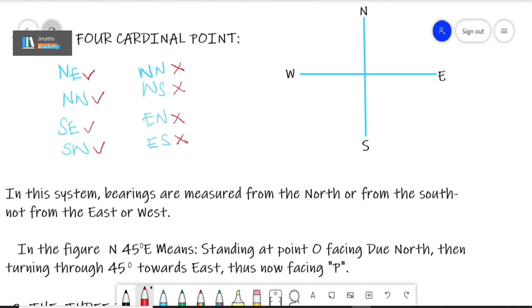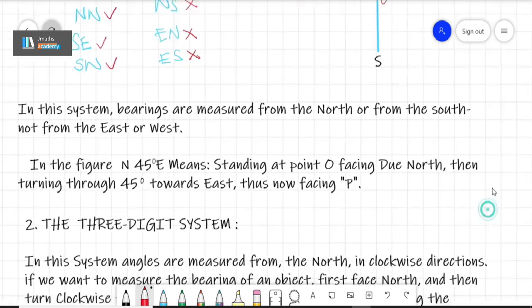For instance, if we have a point here, point called O, and then if we have a line here facing a point P, we have a 45 degrees here. So in bearing, this can be interpreted as north 45 degrees east, facing a point P.